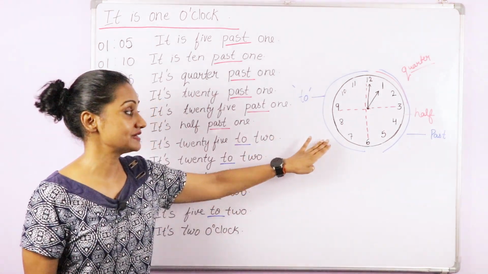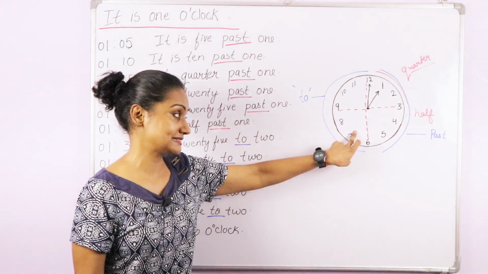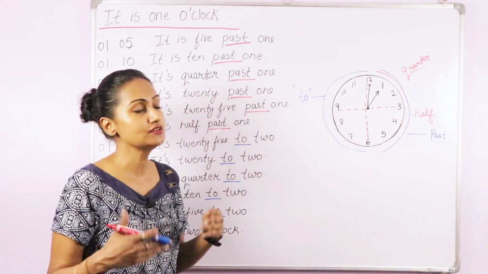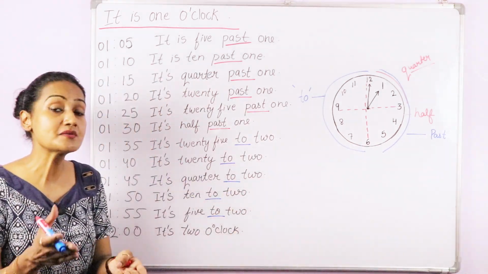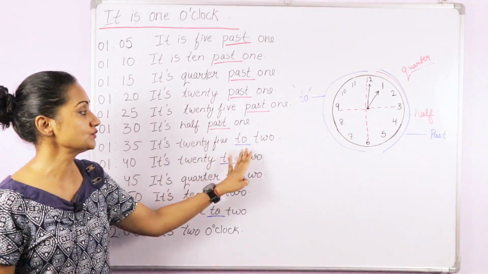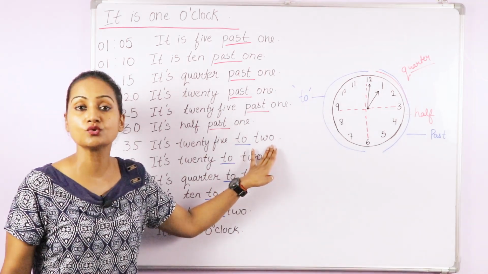If your minute hand is at 7, after 25 minutes it will be 2 o'clock. So the remaining minutes will be written here. It's 25 to 2. That means after 25 minutes it will be 2 o'clock.